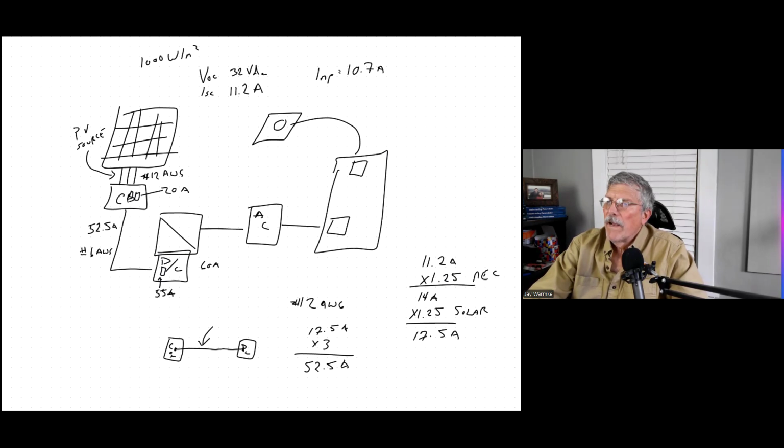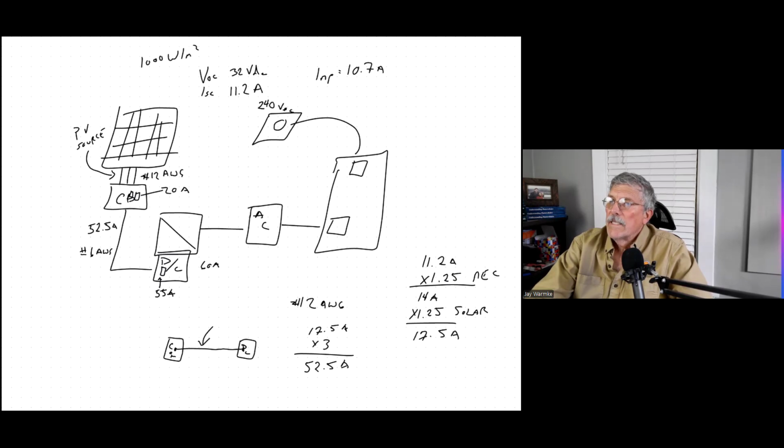Now, here's my inverter. What happens in the inverter? Does something change as it's leaving? And the answer is yeah. Now it's being converted to AC from DC, but it's also being converted to whatever the voltage is. And in this case, if it's a house like single phase, we're going to say it's 240 volts AC. So the output is going to be 240 volts.